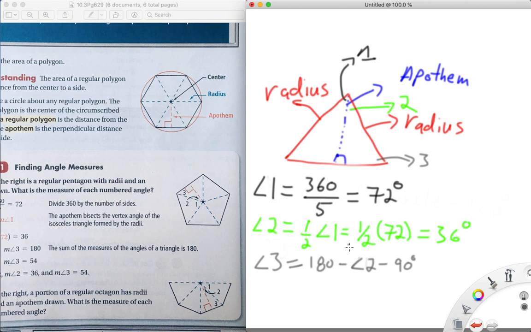So angle 2 plus 90 plus angle 3 gives me 180. So I can say that 180 minus angle 2 minus 90, which would be 180 minus 36 minus 90. So we can say that angle 3 is 54 degrees.